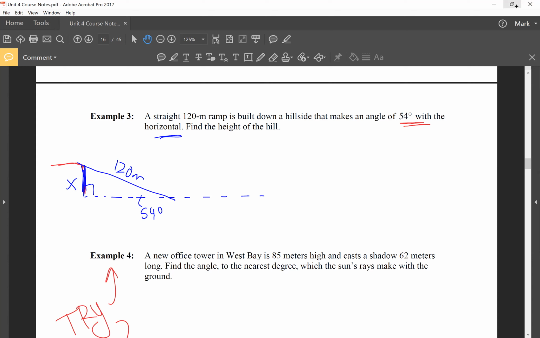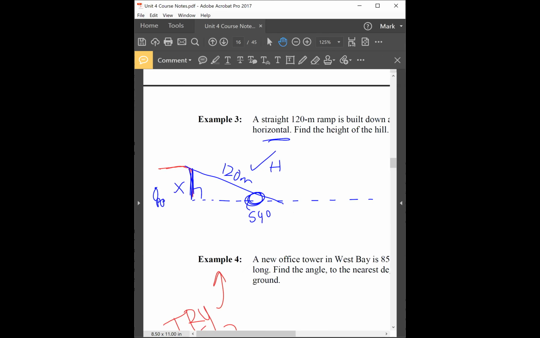Now, this is a good problem. This is an easy one, right? We don't have to do any hard calculations. I'm just going to try and find x. So my angle 54. I know the hypotenuse, and I'm looking for the opposite. So, why am I picking sine? I know the hypotenuse. I'm looking for the opposite. Oh, sorry.